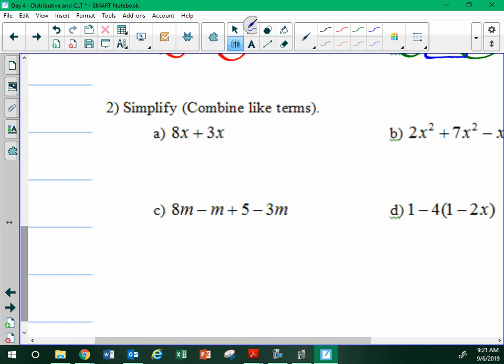I have 8 plus 3. How many total is that? 11. We have a total of 11. And what is it that we have? X. Right, we have 11 x's. They didn't change, right? They're just x's sitting here. So I have a total of 11 x's. So I'm just simply adding my numbers together. The term stays the same.